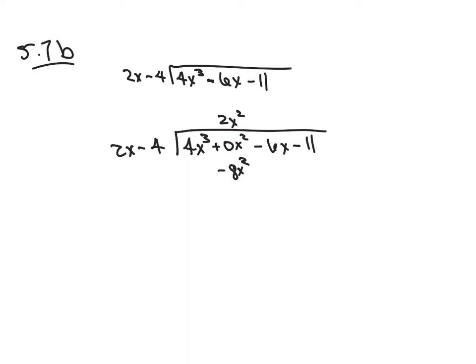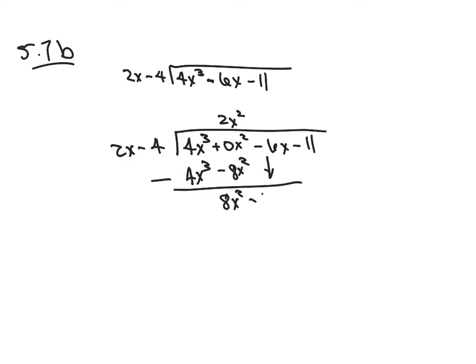Now I multiply 2x squared times 2x, and I will always get 4x cubed, line, minus. 0 minus negative 8 is the same as 0 plus 8.